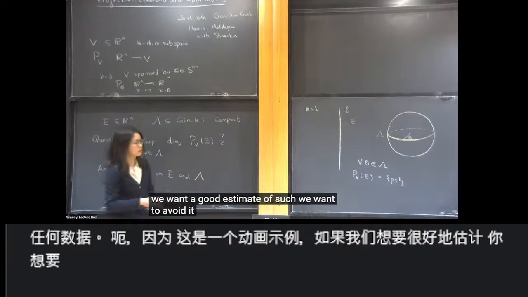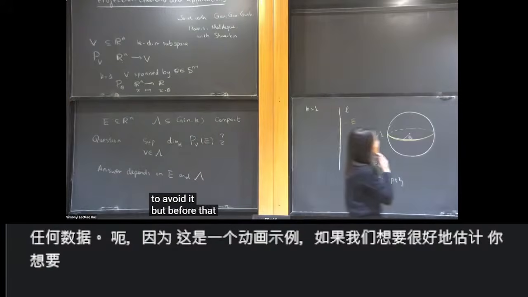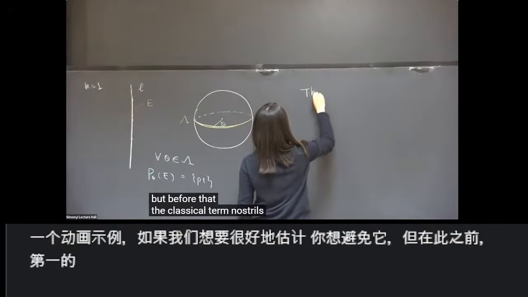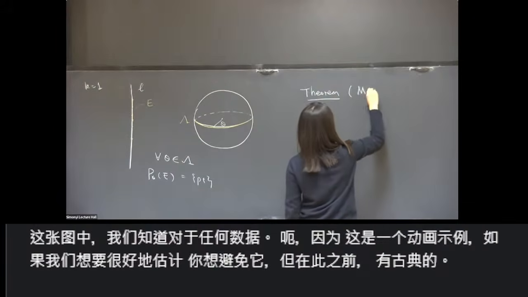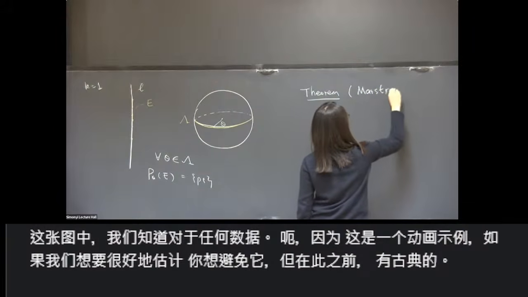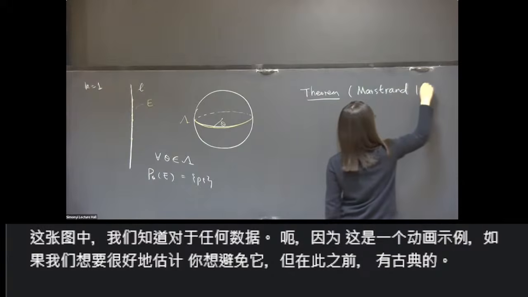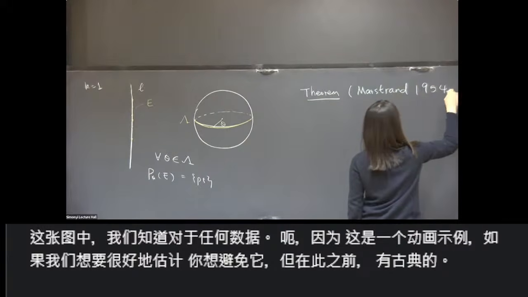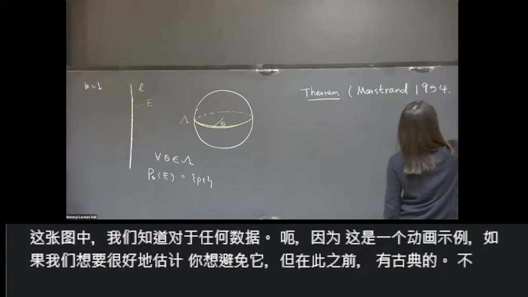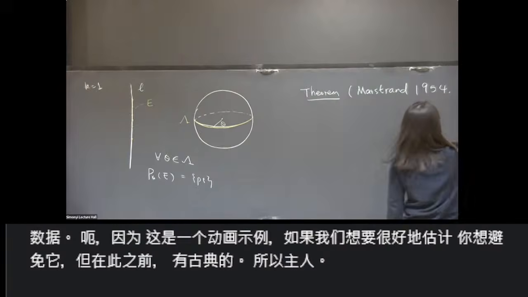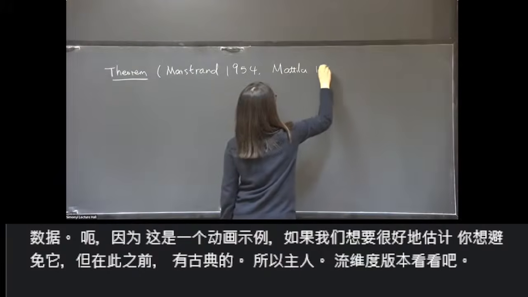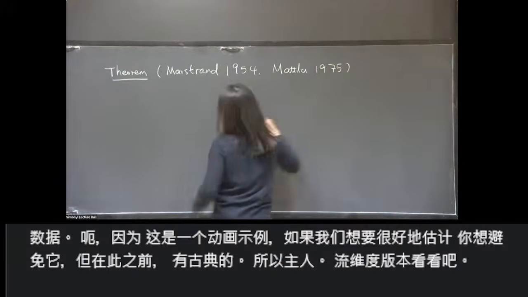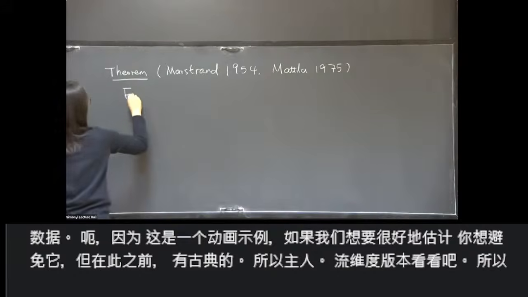But before that, there is the classical theorem of Marstrand, and also by Mattila. So Marstrand proved the low dimensional version and Mattila proved the general one.